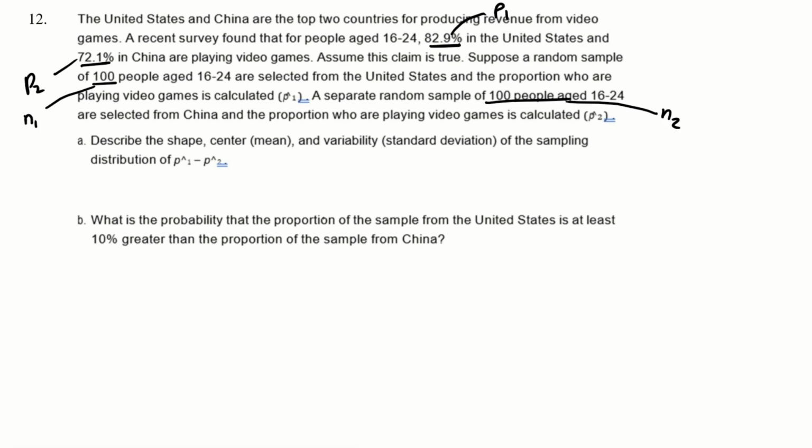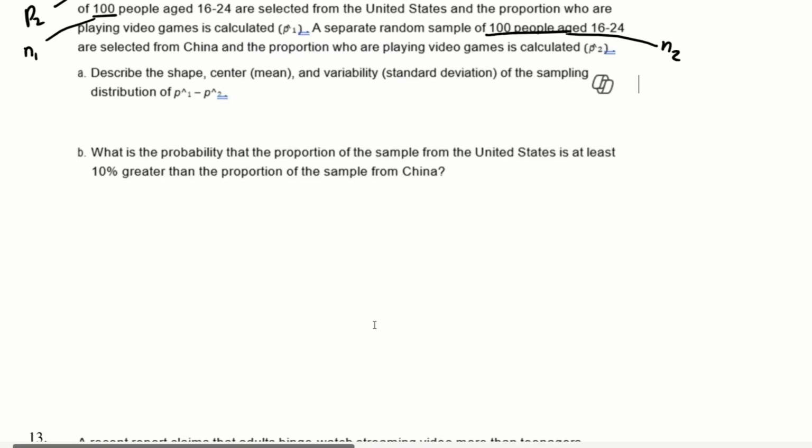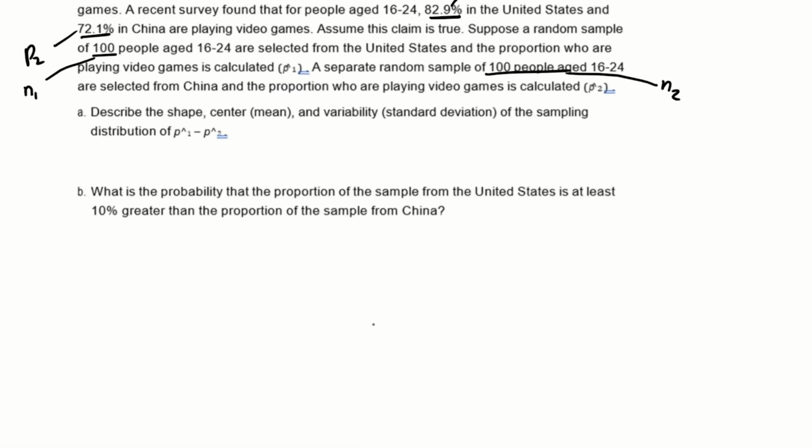All right, so let's test to see if it's approximately normal. Let's do the large counts condition to determine if it's normal or not. We're going to do n1 times p1. So 100 people in the US times the proportion of those in the US who play video games, 0.829, and that's 82.9, which is greater than or equal to 10.